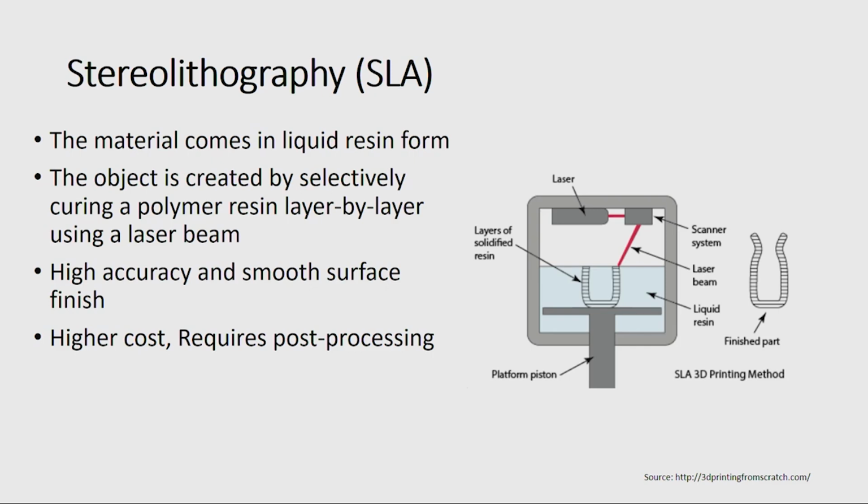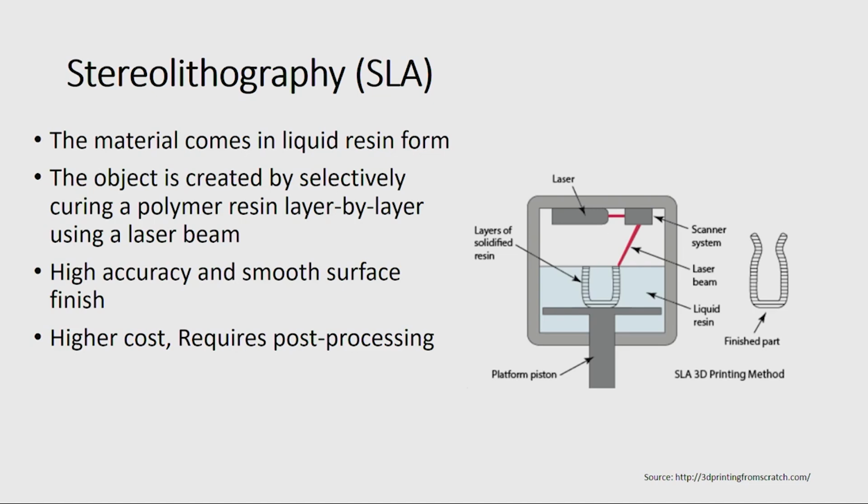Here in stereolithography, the material will be liquid, and as you can see in the picture, there will be a laser source and a laser scanner system, and then the laser beam is shone on the liquid resin. Here the liquid resin is there, and the layers of the U shape are the layers of solidified resin. On the right side, after the completion of the object, you can see the finished part.